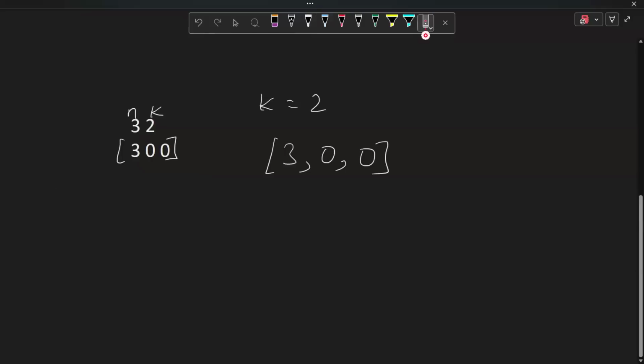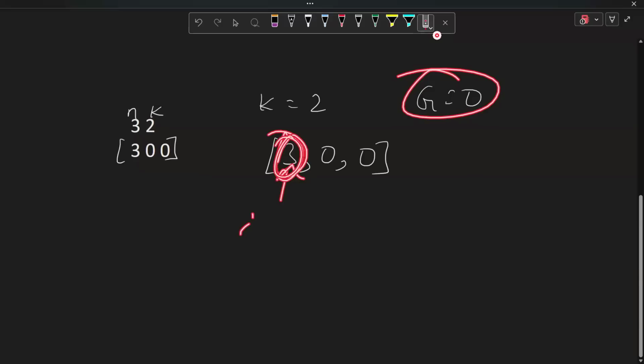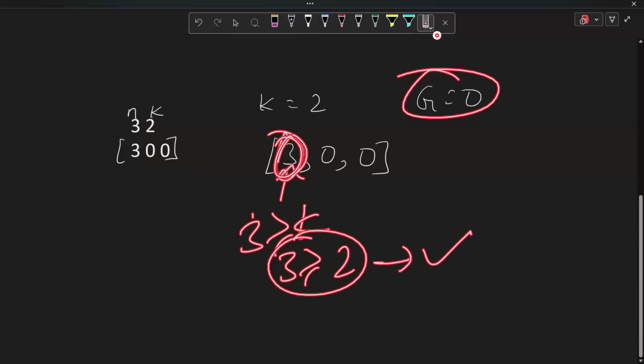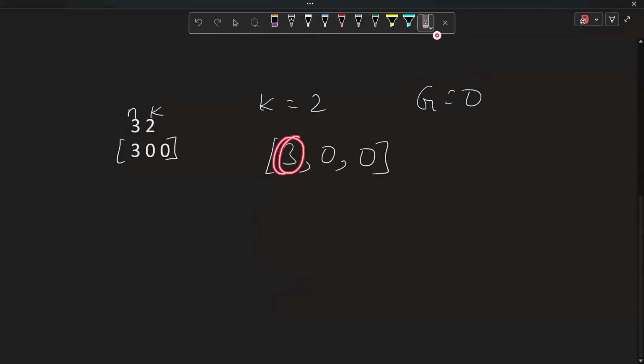Robin starts with 0 gold. He starts with the first person and checks if Ai, which is 3, is greater than or equal to k, which is 2. Since 3 is greater than or equal to 2, it is satisfied, so all these 3 gold will go to Robin. He takes all the gold and Robin now has 3.